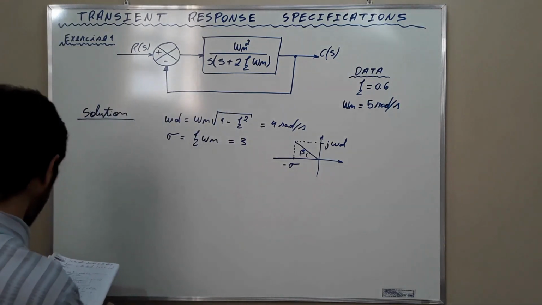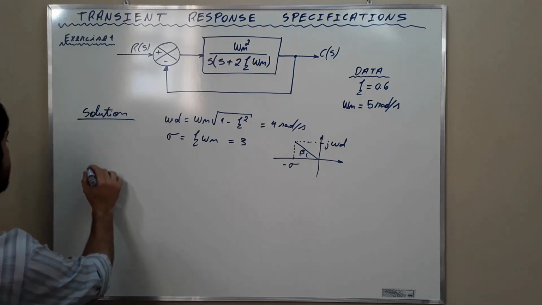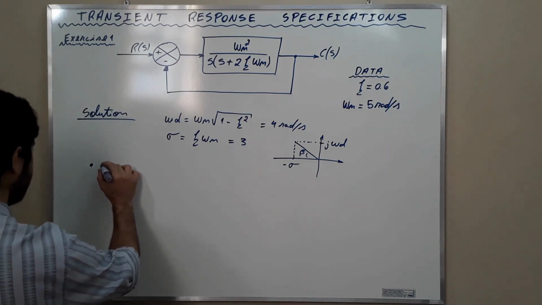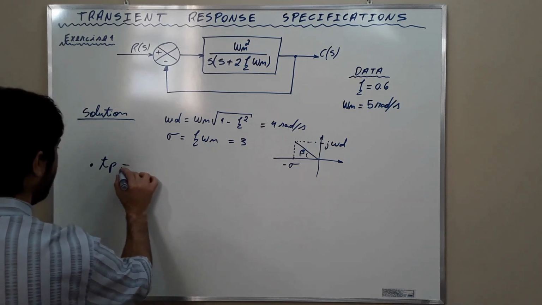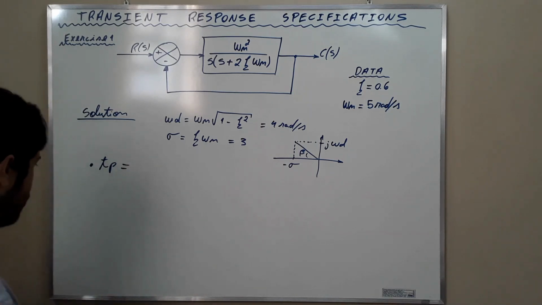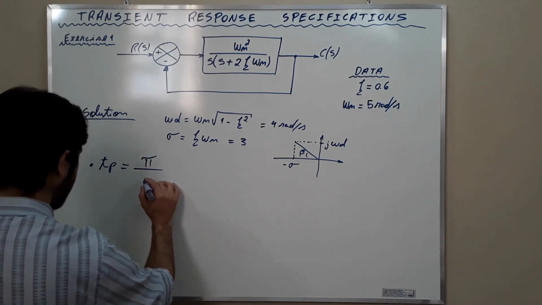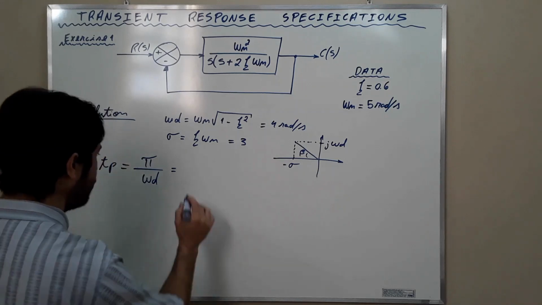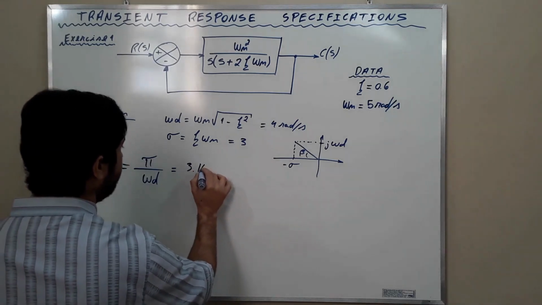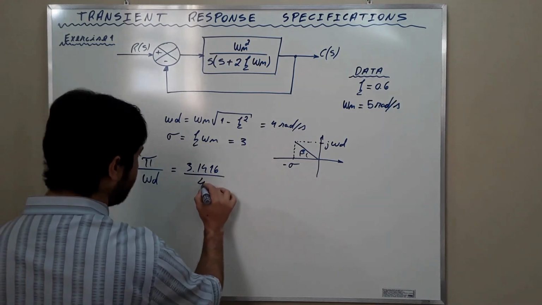The peak time can be easily found by using the expression Tp is equal to pi divided by Wd, which is equal to 3.1416 divided by 4.